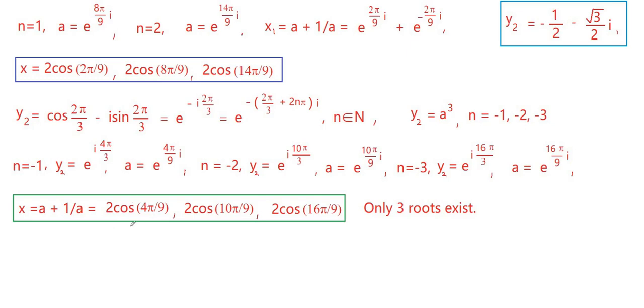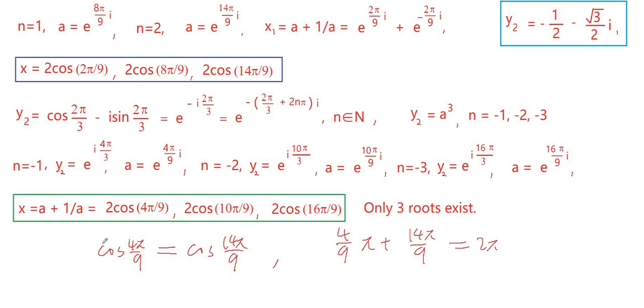We find the first one, cosine 4 pi over 9, is actually the same as the last one, cosine 14 pi over 9, because 4 pi over 9 plus 14 pi over 9 is 2 pi, so the cosine is the same. So this one is the same as this one.